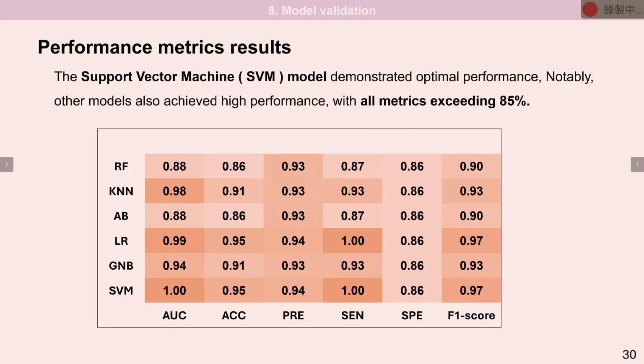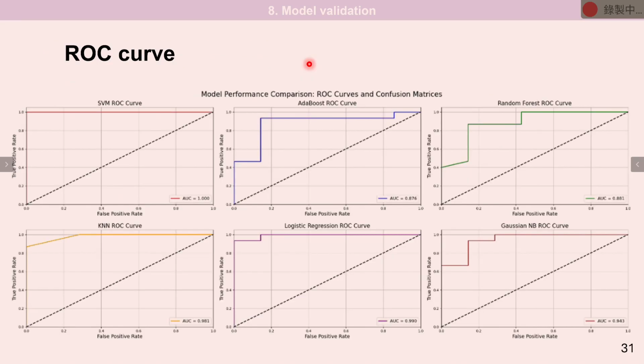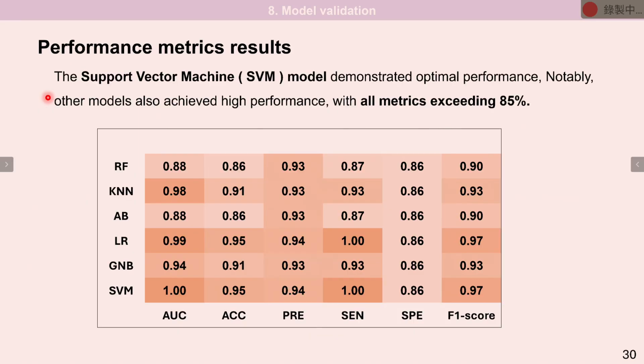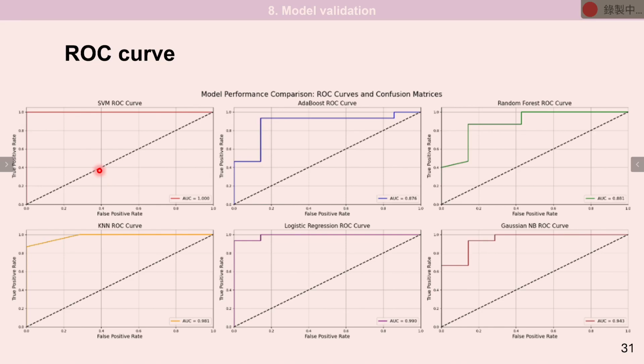The full name is receiver operating characteristic curve, and it can show the model performance in a more comprehensive way. Usually the area under the ROC curve is the AUC value, and a higher AUC value means the model performance is better.